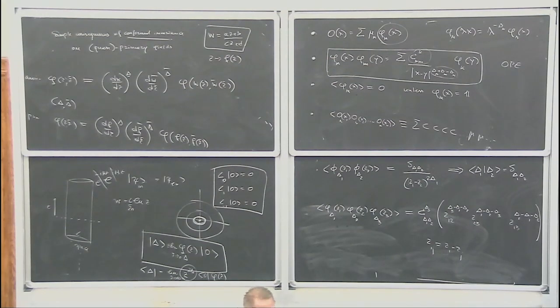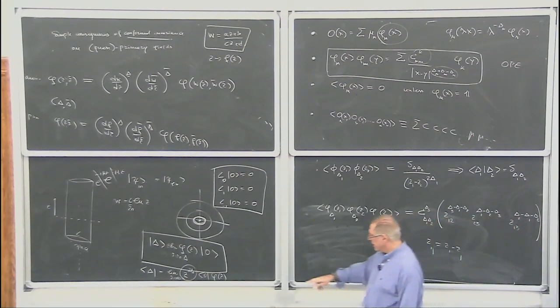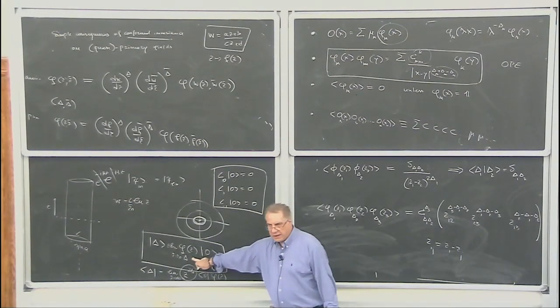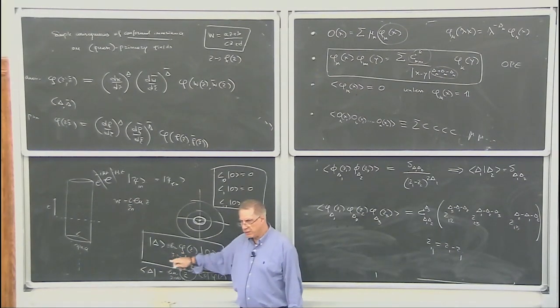Okay? Bosons as well. Here, in conformal field theory, there is an isomorphism between all possible conformal fields and states, 1 to 1. To any conformal state, I can associate a field, and vice versa, with this position.